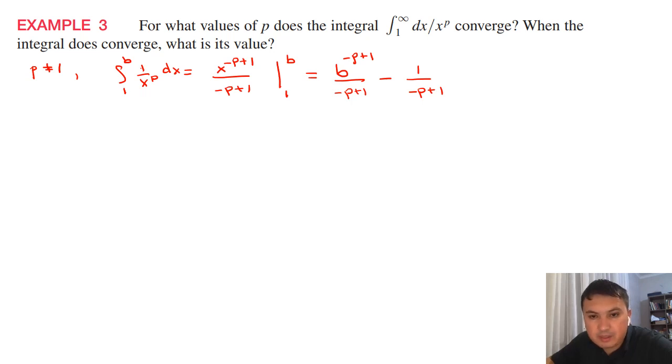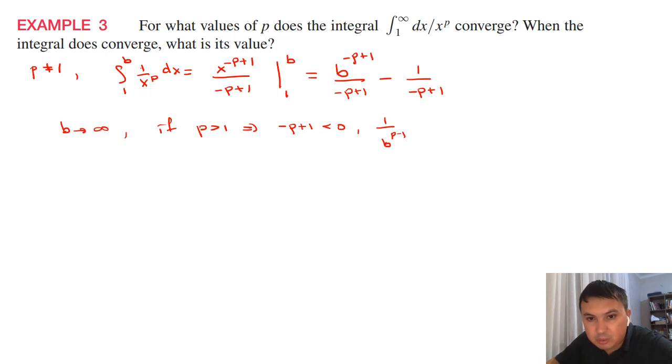Now you let b go to infinity. So what happens? Well, if p is bigger than 1, then this minus p plus 1 would be less than 0, right? So this exponent of the b is negative. So I could write this as 1 over b to the p minus 1. Then the exponent is positive.